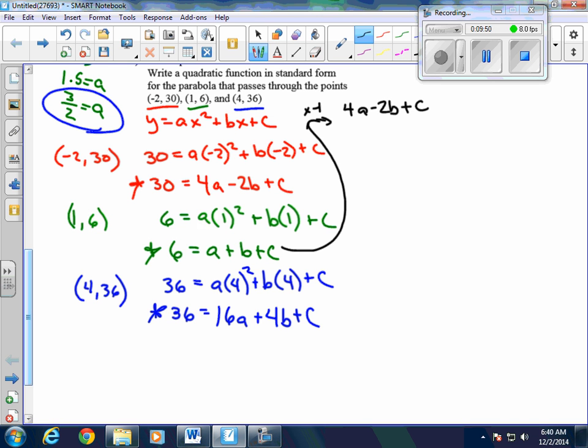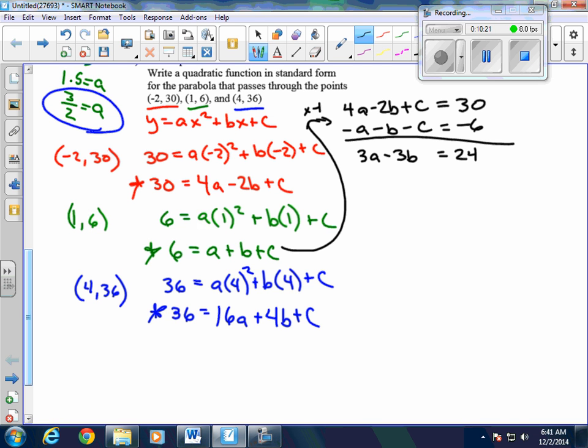So we can always just multiply these equations by negative 1 to eliminate the c variable. So if we do that, it's going to be negative a minus b minus c equals negative 6. So we're going to get 3a minus 3b equals 24.